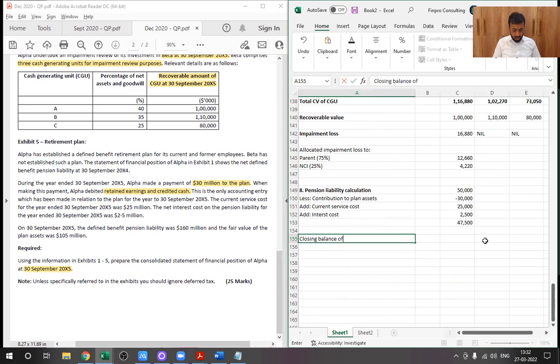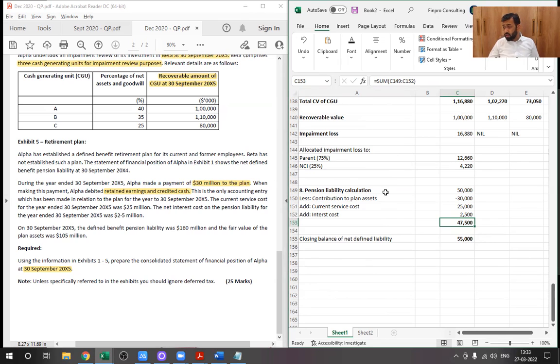Closing balance of net defined liability is given: 160,000 minus 105,000, so 55,000 is my closing liability. And as per my calculation, this is my closing liability. But then there is a difference. What should the difference be? Actuarial gain or loss. Everybody agrees now, is it a loss or gain?